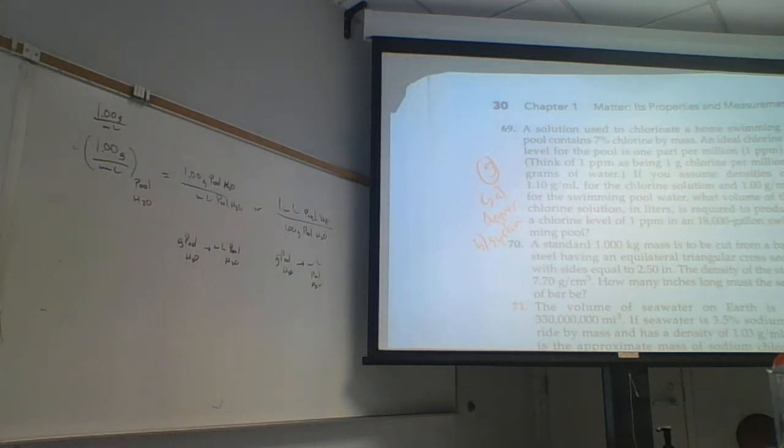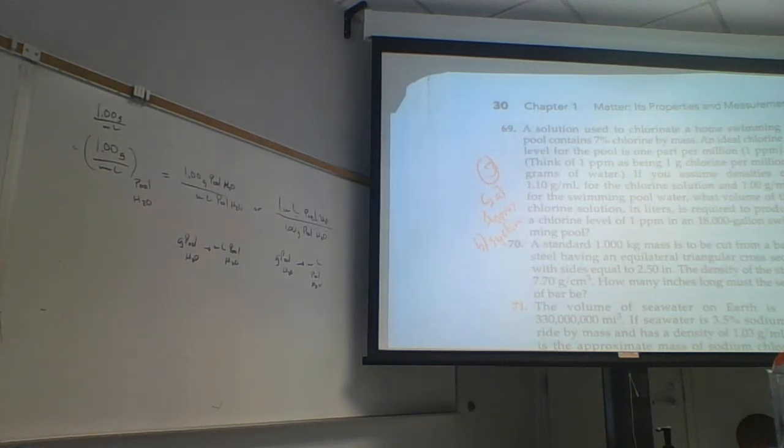But there is something that relates gallons to liters. This one I said you don't necessarily have to memorize: 3.785 liters per gallon. And so that cancels out gallons. Now we're left with liters of pool water.